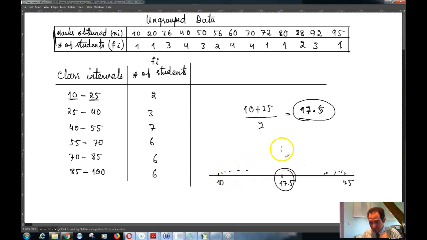Now, on the other hand, suppose that I take the class interval as, for example, 10 to 15. 10 plus 15 is 25, and 25 divided by 2 is equal to 12.5. Now, any number falling within this class category that goes from 10 to 15 is represented by 12.5.